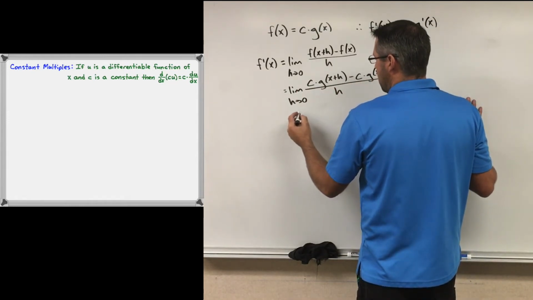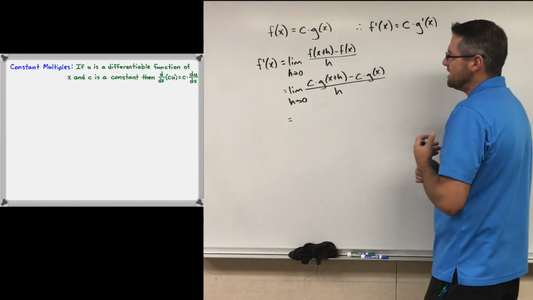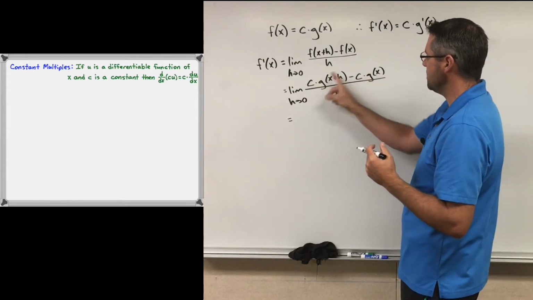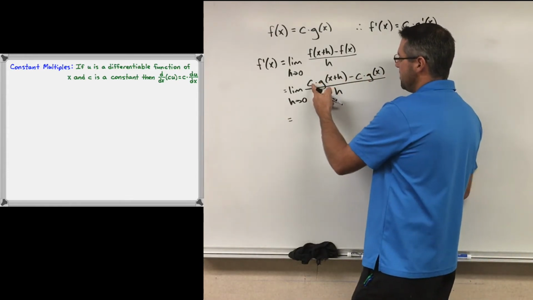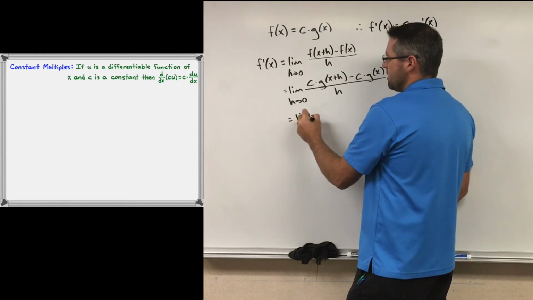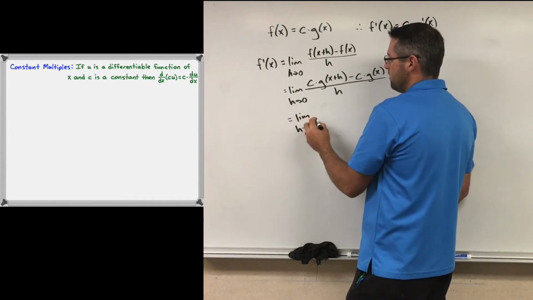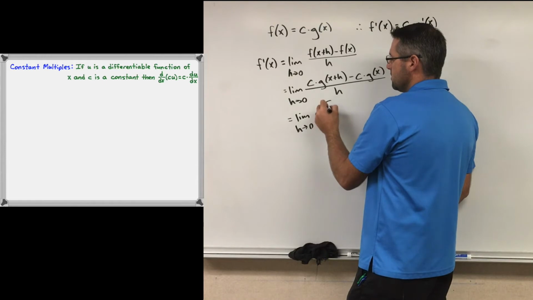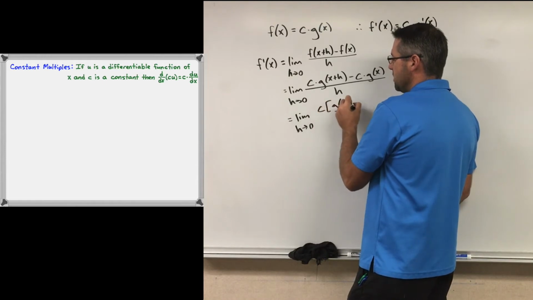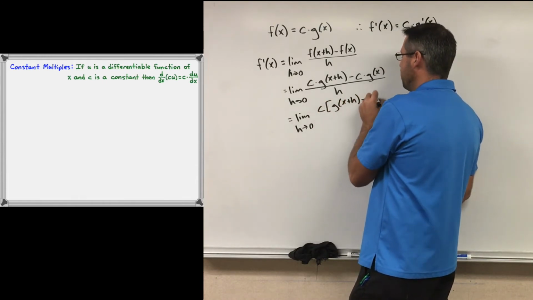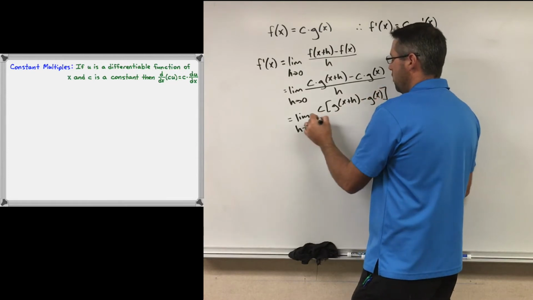And then from here, we can see that both terms in the top have a common factor of c. So we could say the limit as h approaches 0 of c times g of x plus h minus g of x, and then all over h.